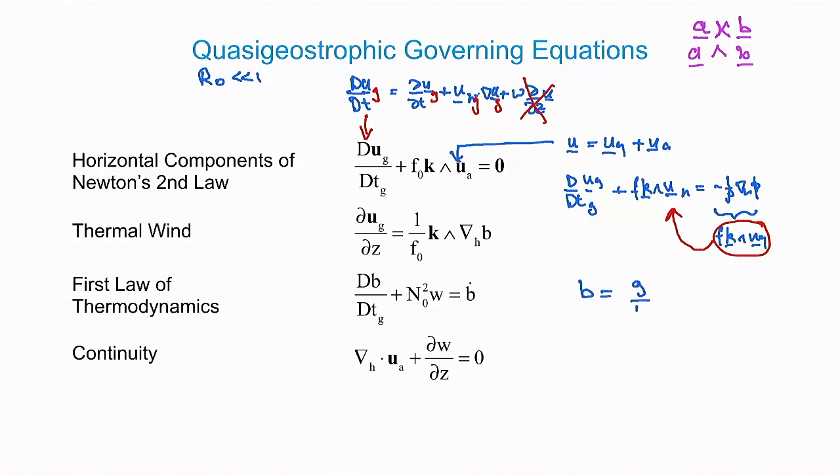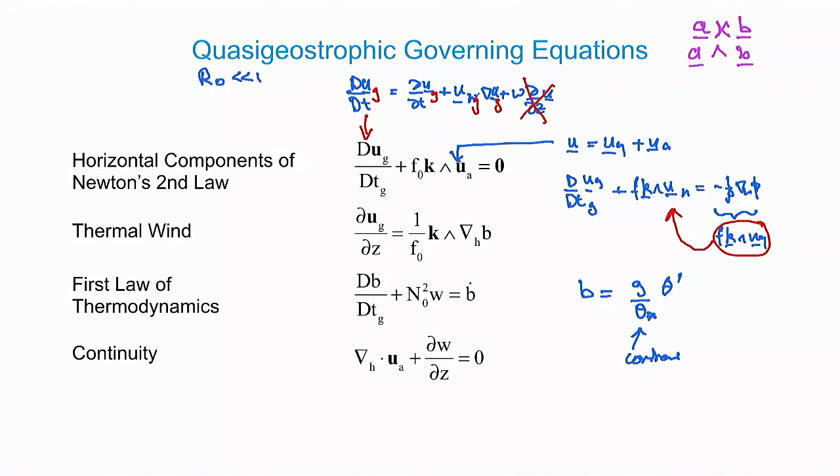It's a scaled version. Theta star is a constant, and then it's a theta perturbation, a deviation from some background state. But really, I don't have to do that. I just have, partly because Michael's done that, partly because that just makes some of the mathematics a bit neater. But that's the first law.